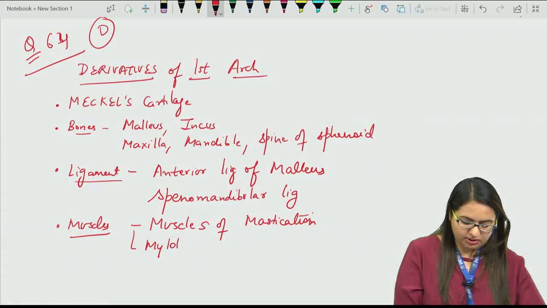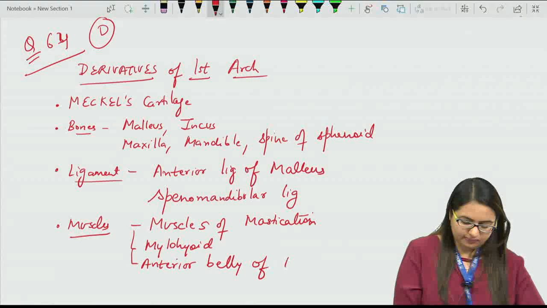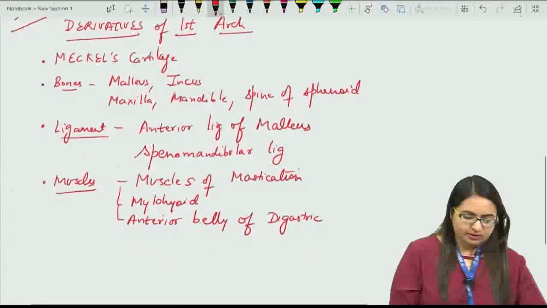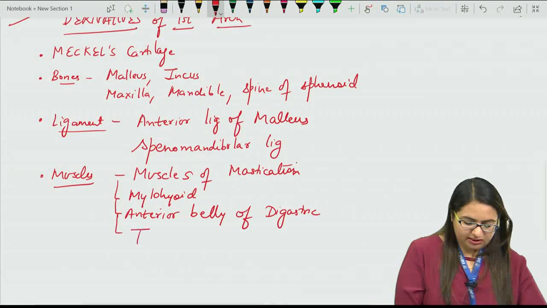Apart from this, mylohyoid and the anterior belly of digastric. Then the tensor tympani and the tensor veli palatini are also formed.